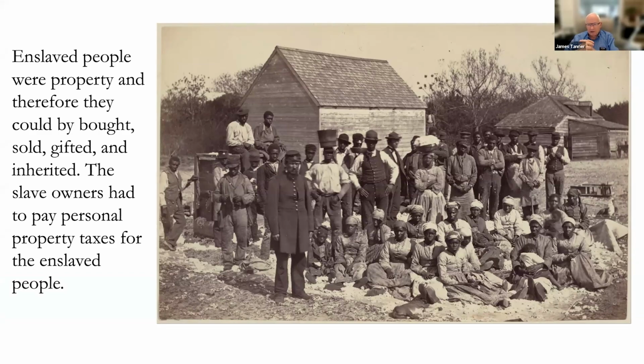We need to understand that enslaved people were property. They're the same thing as a car or a boat or a washing machine or anything that you presently have ownership of that is considered your personal property, as opposed to your real property, which would be what you owned if you owned land or anything attached to or part of the land, like a house.